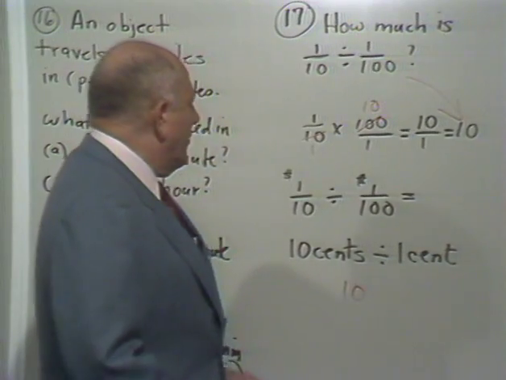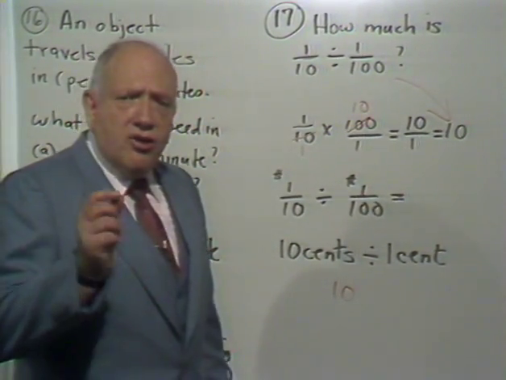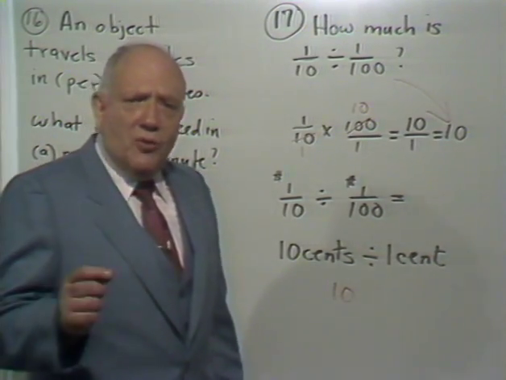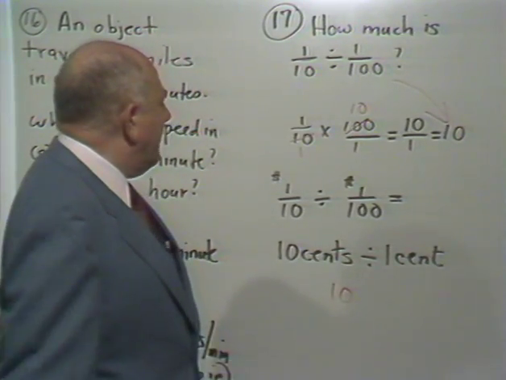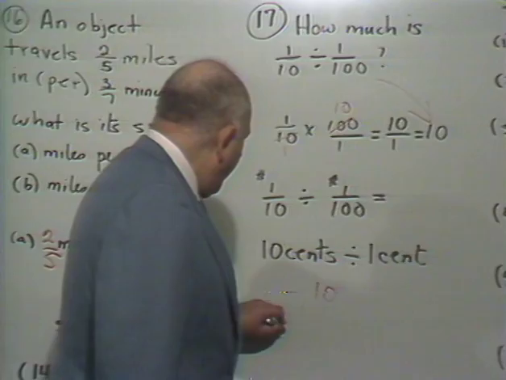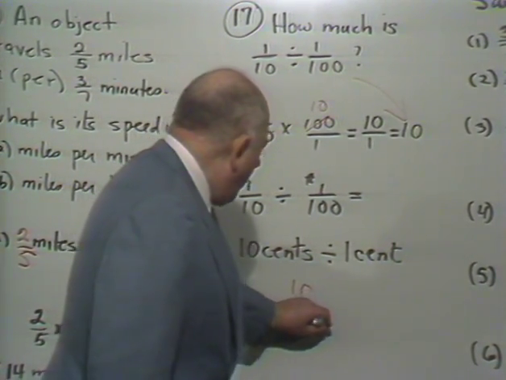And by the way, if a person says, gee, I think America is a great society, and you shouldn't show preference, if you're going to invert one, invert both. Suppose a person says to me, I would like to invert both. I'll make the 1/10 into 10 over 1, and I'll make the 1 over 100 into 100 over 1.